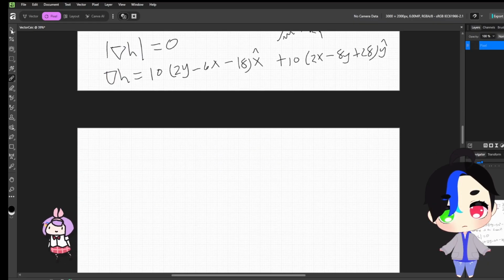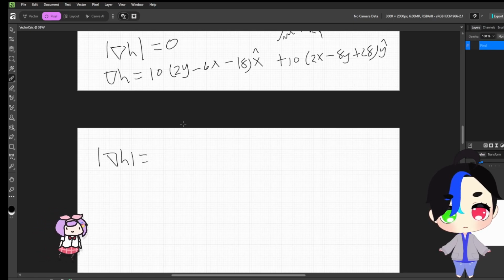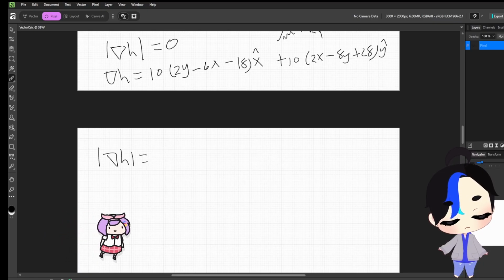And the magnitude of this vector, if you remember from last week, is using the Pythagorean theorem.